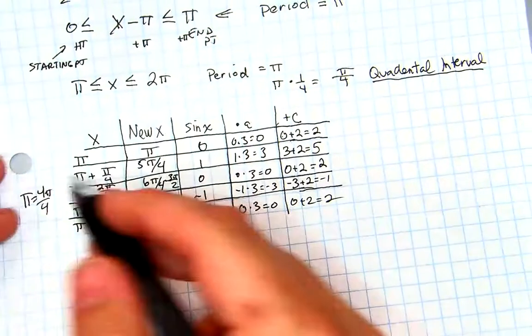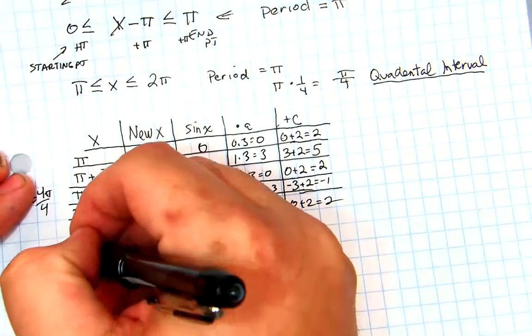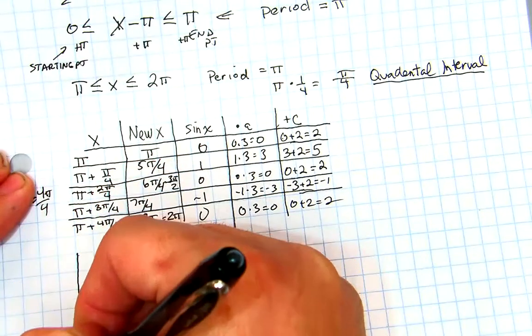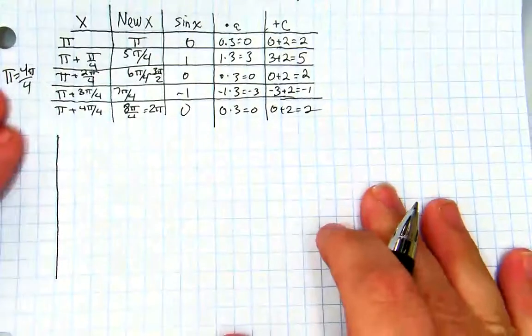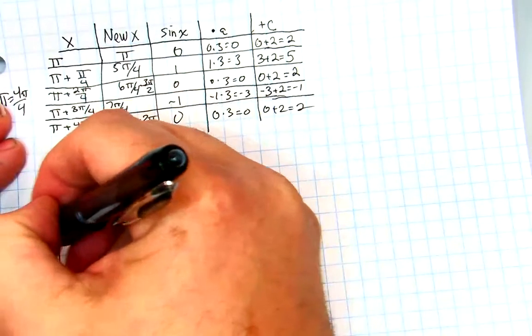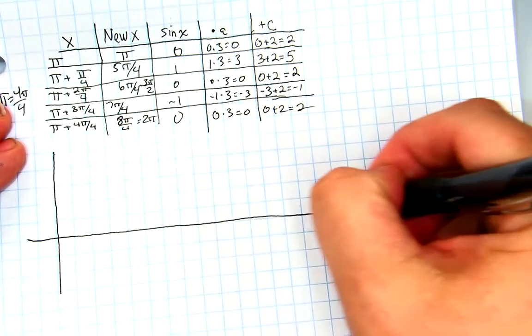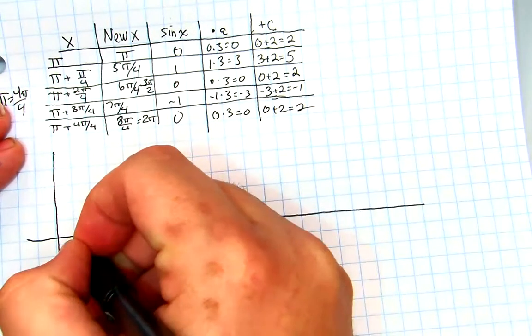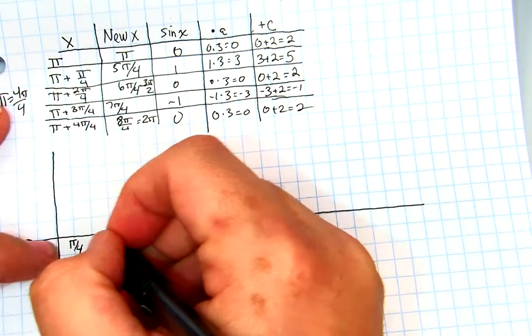Now, since I went by pi's over 4, here's what I'll do. I'll draw the graph, and I'll make this pi over 4. So that's 1 pi over 4.